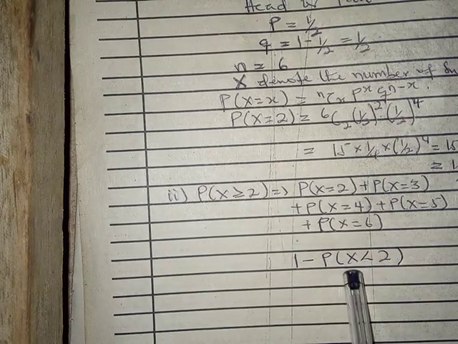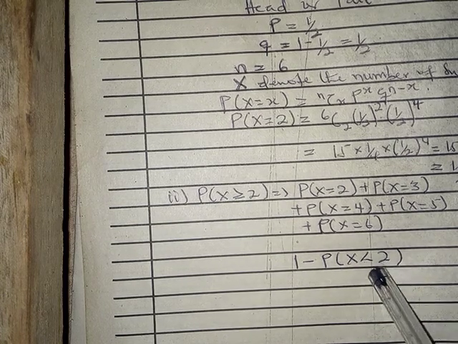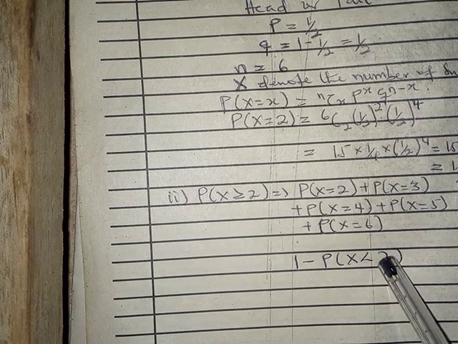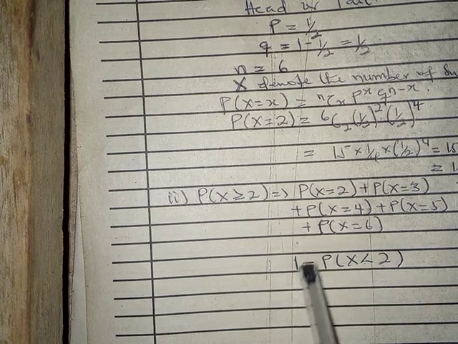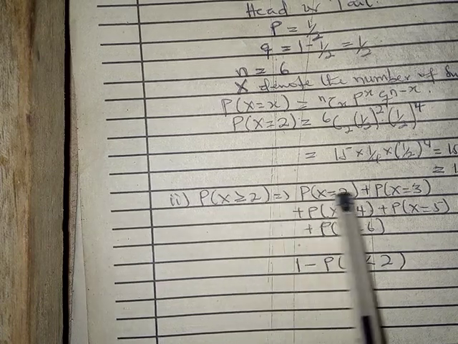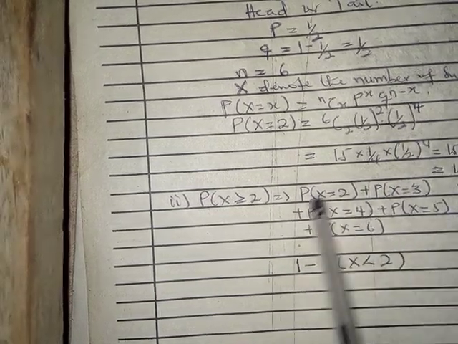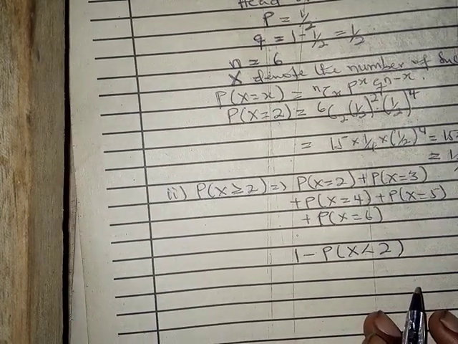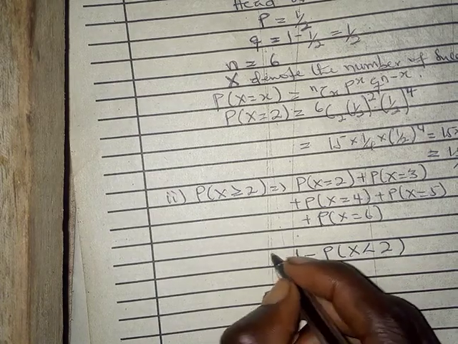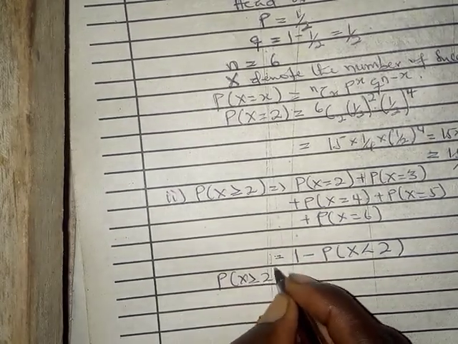Because if you have the probability of getting at most 2, then you subtract it from 1, you get the probability of at least 2, without going through all this long process.